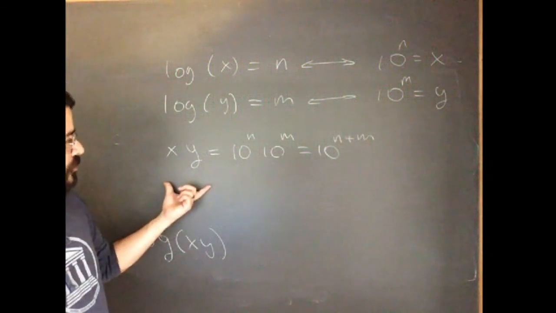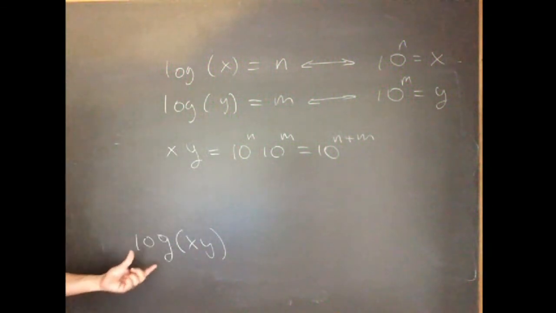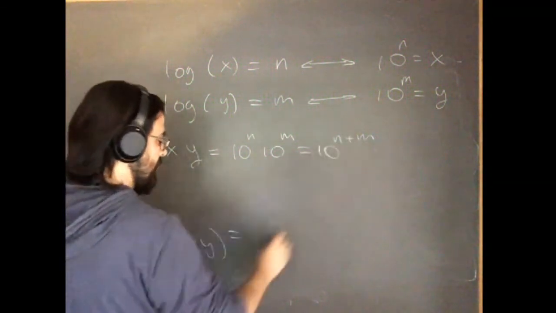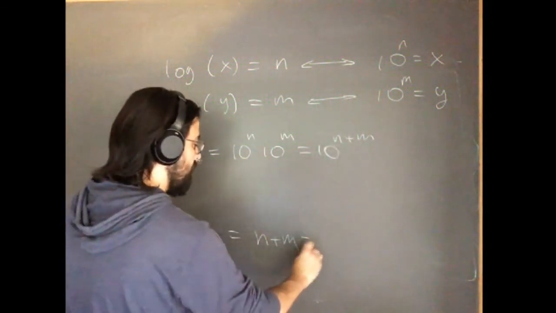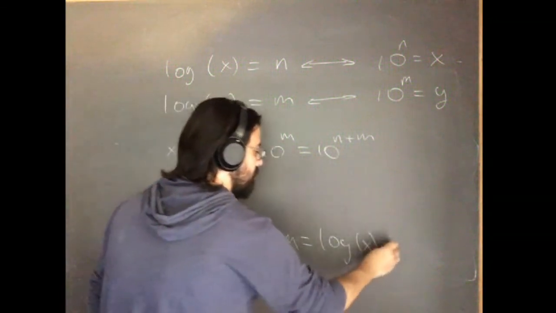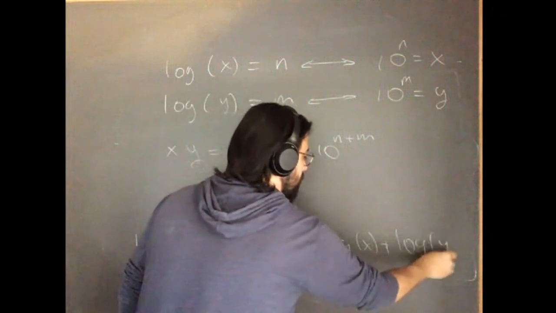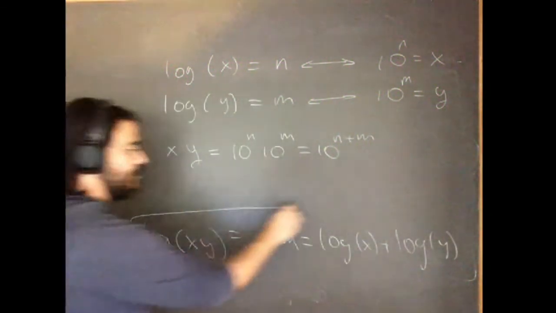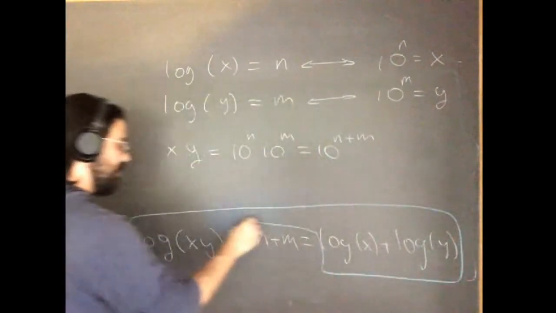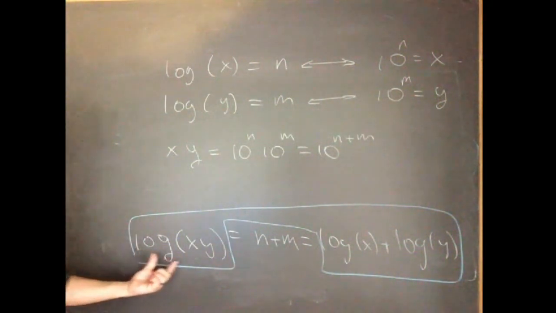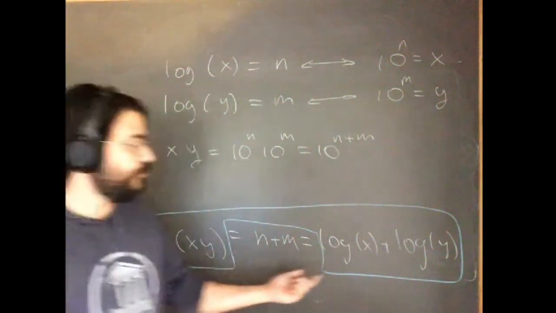And if we convert this over to logarithmic form, we get the log base 10 of xy is equal to whatever the exponent is up there, n plus m. And that was log of x plus log of y. And what I'm pointing out here is this connection. This on the right-hand side is equal to this on the left-hand side. And what we're seeing is that a logarithm converts multiplication over to addition.